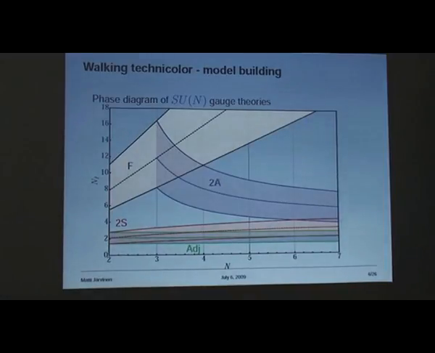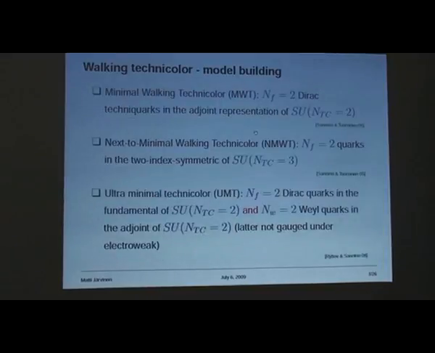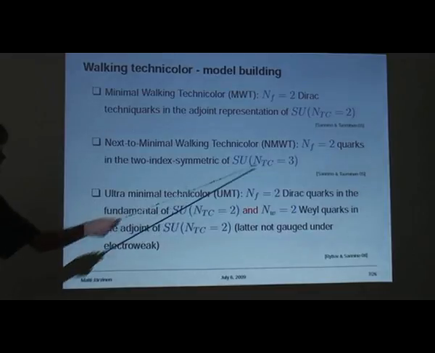And so then you can pick some candidate theories. For example, this point here is minimal walking technicolor, and there are some other theories. Minimal walking technicolor is two Dirac techniquarks in the adjoint representation of SU(2), and next to minimal walking technicolor is two Dirac techniquarks in the two-index symmetric of SU(3).